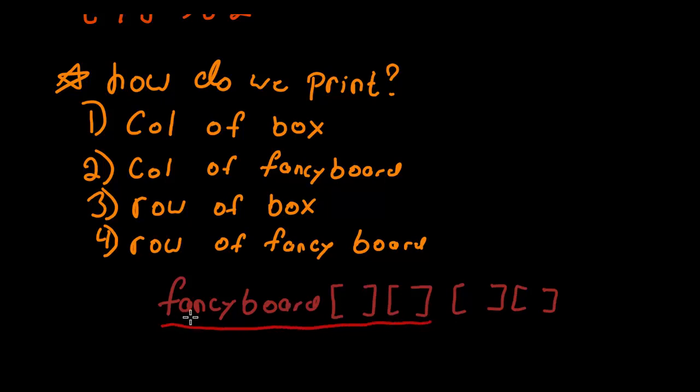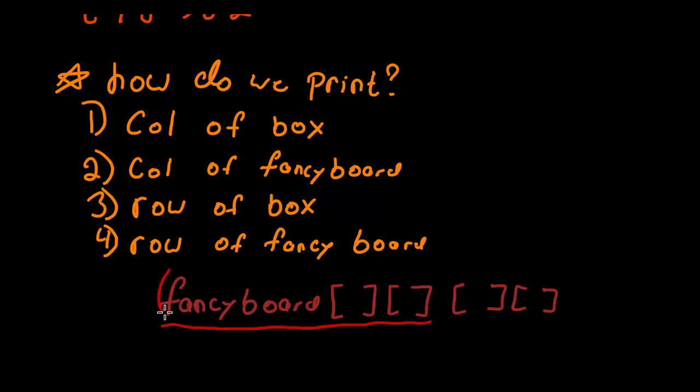Remember, what is fancy board exactly? Fancy board is an 8x8 of our pointers to type box, right? So these two are just going to be our indices for fancy board. That gets us a pointer. So this by itself is just going to return a pointer.